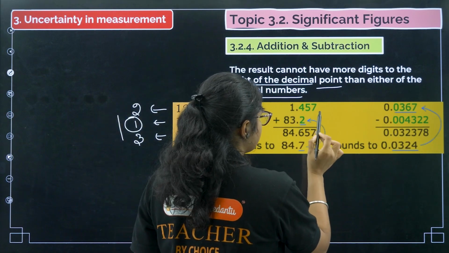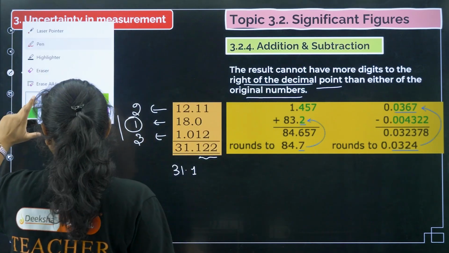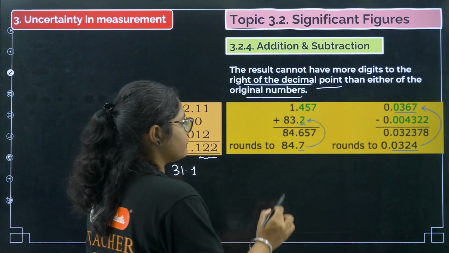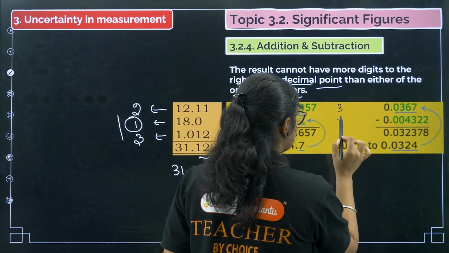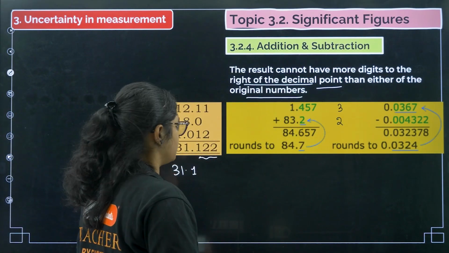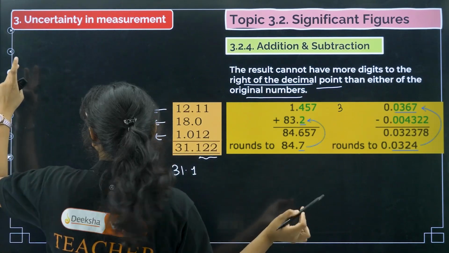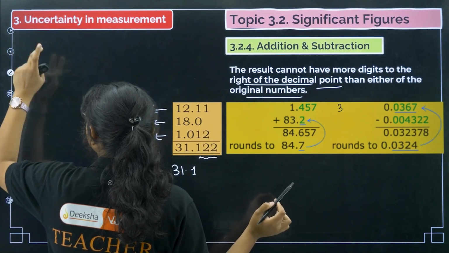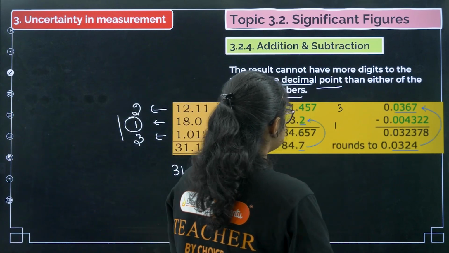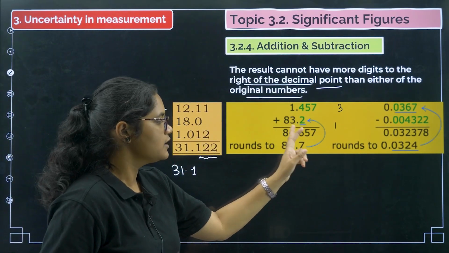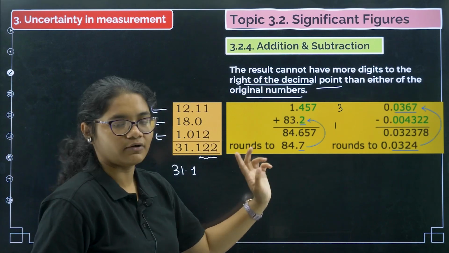Suppose you are adding 1.457 and 83.2. After the decimal, here we have 3 digits and here we have 1 digit. So in the final answer also, after the decimal there should be only 1 digit.